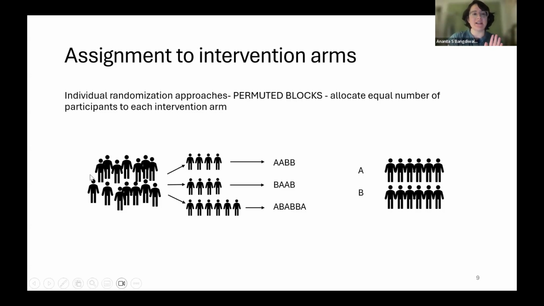You can see here on the slide, if this is our group of participants who are going to enroll, we're going to divide them up: the first 4 are going into this block, the next 4 are going into this block, and the next 6 are going into this block. And these blocks have an equal number of each arm in them, but the person randomizing doesn't know what those are. And so that way we're able to control.